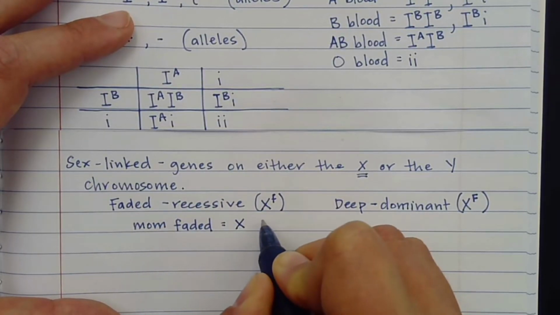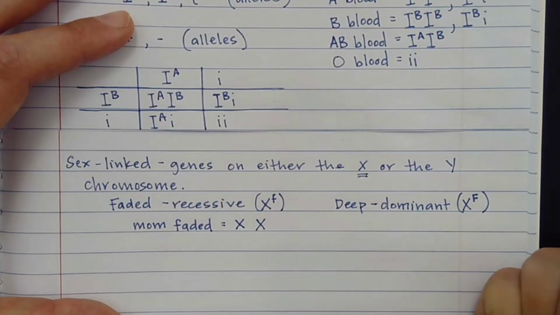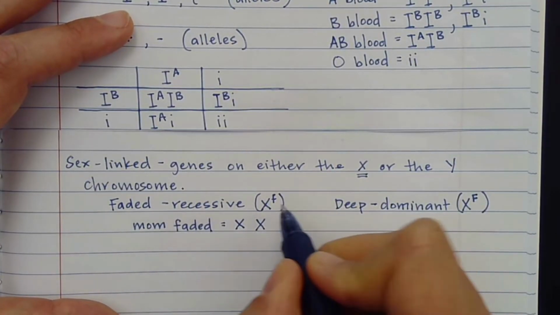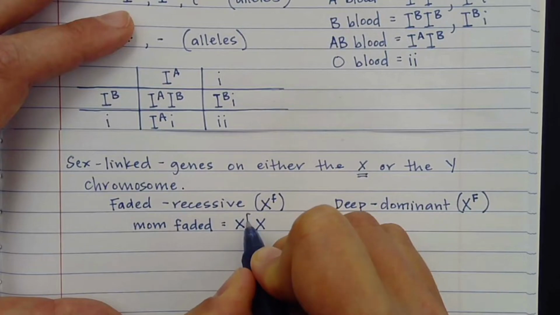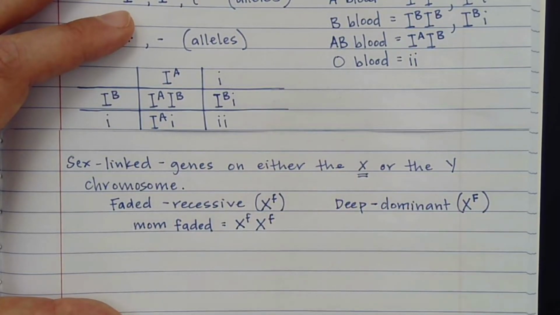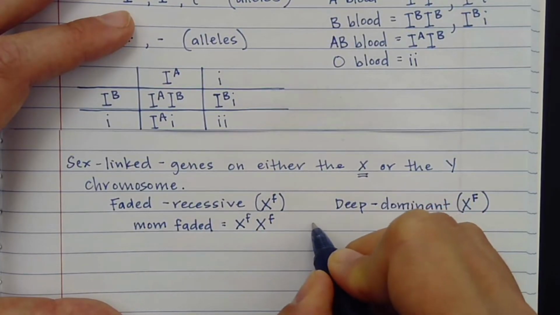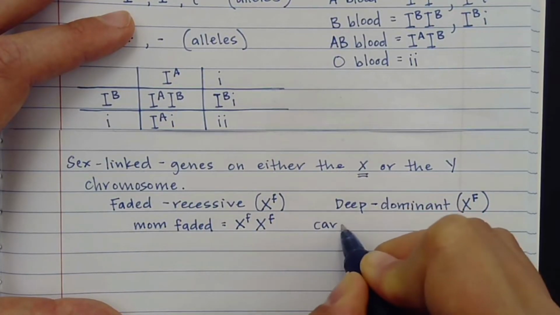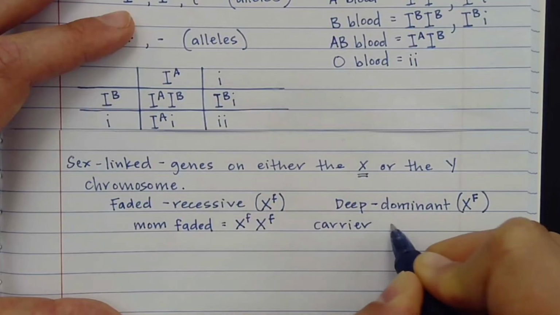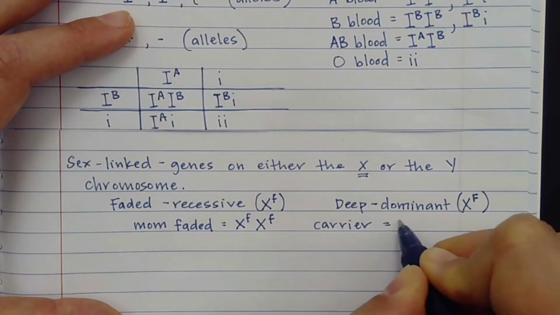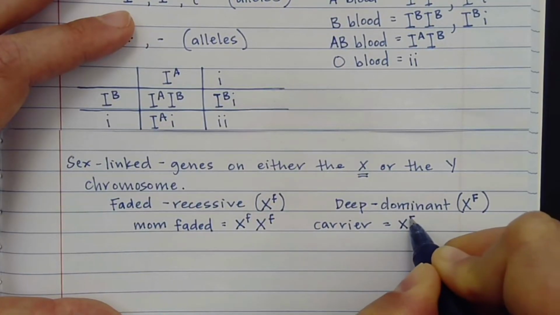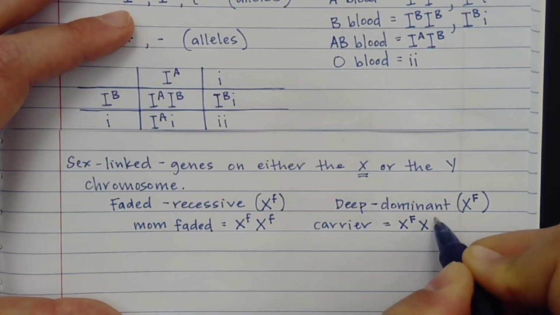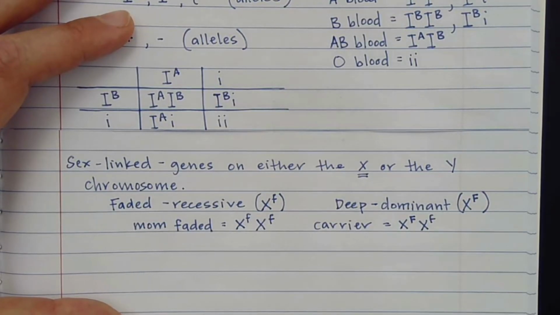So she has X, X. And then because she has the faded color, we know both of those have to have the recessive allele. She's a carrier if she has one dominant version and one recessive version. That's what we call a carrier.